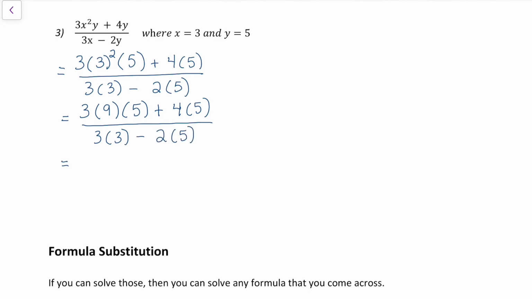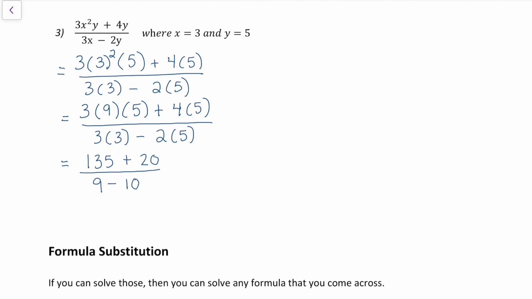Okay, now looking at the top and the bottom, I don't have anything to solve inside of brackets. I don't have any exponents, but I do have some multiplication. So let's solve all the multiplications. So I have 3 times 9 times 5, which is 135, plus 4 times 5, which is 20, 3 times 3, which is 9, minus 2 times 5, which is 10.